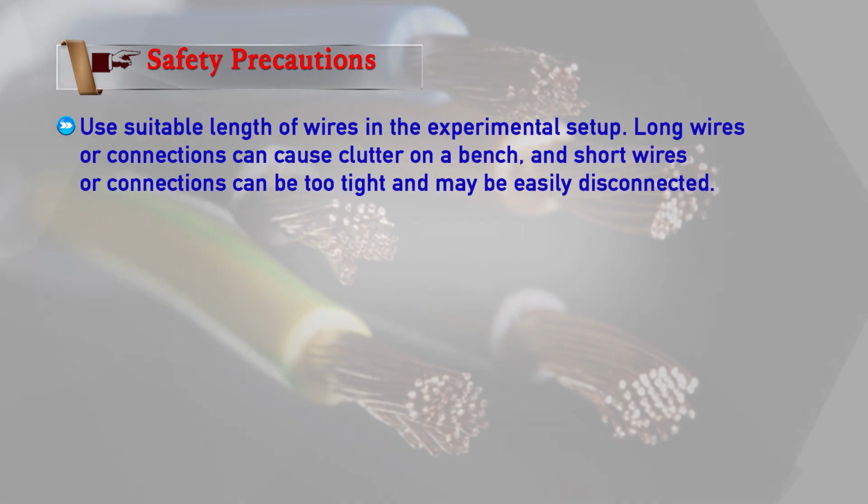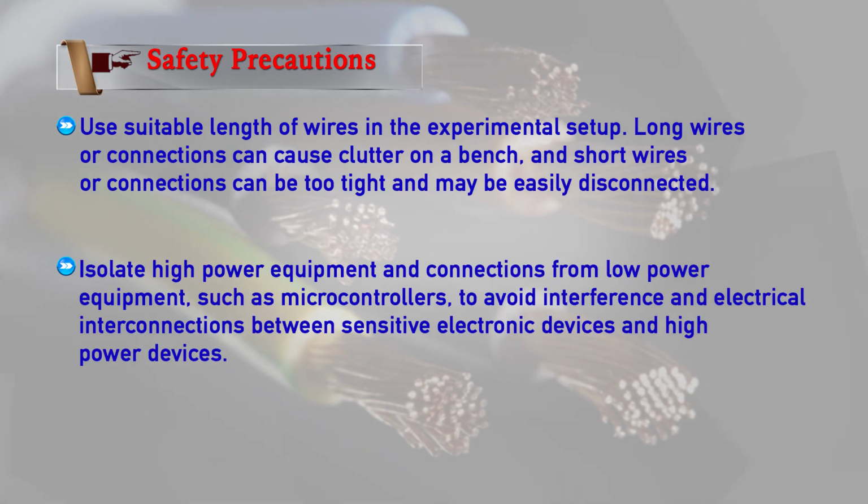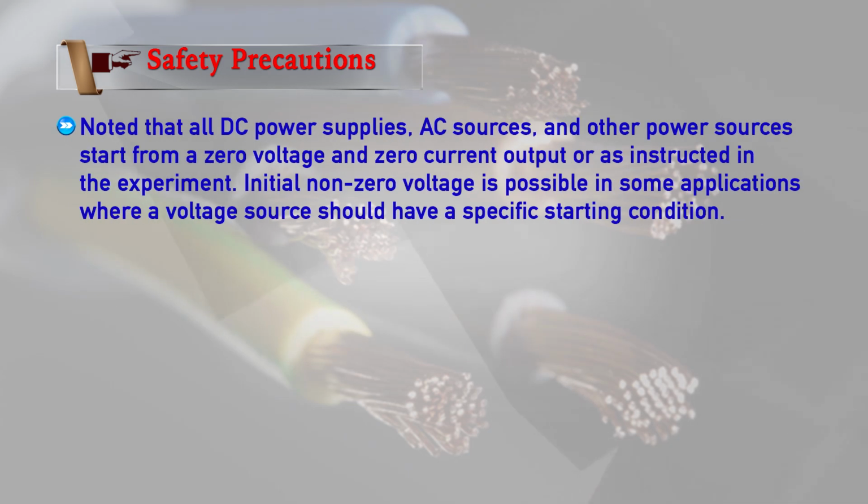Next, isolate high power equipment and connections from low power equipment such as microcontrollers to avoid interference and electrical interconnection between sensitive electronic devices and high power devices. Note that all DC power supplies, AC sources and power sources start from 0 voltage and 0 current output or as instructed in the experiment.